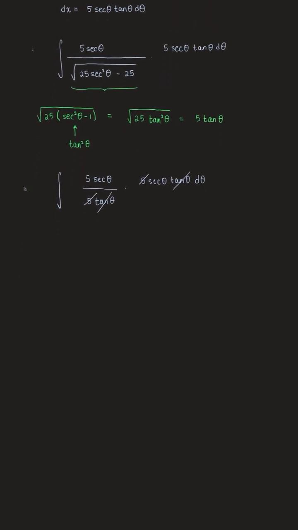And I'm also going to factor out the 5 outside of the integral, since that's just a constant. And then I can see that we have secant times secant, so that gives us secant squared theta d theta. Okay, we have a function whose derivative is secant squared. That's tangent, so this will be 5 tangent theta plus c.